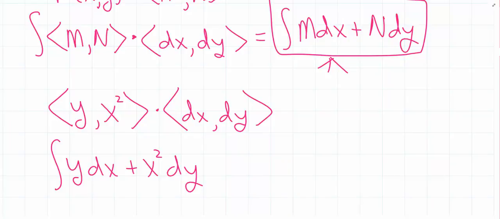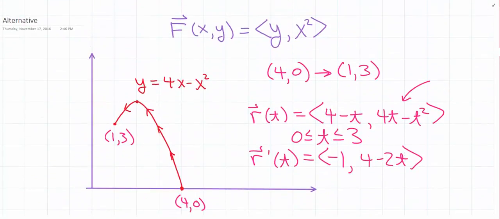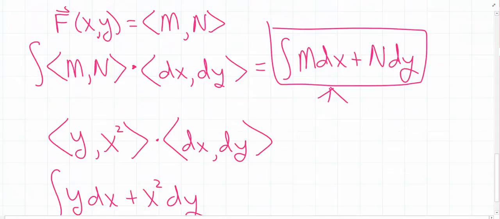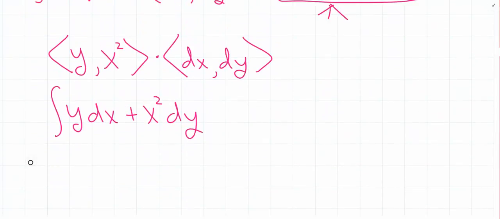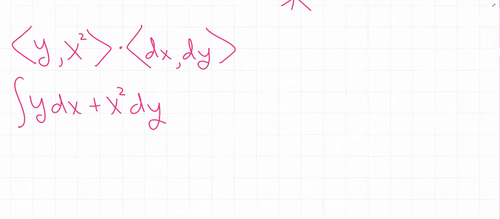Okay? Now, remember, this particular function was 4x minus x squared. Okay? 4x minus x squared. So we know what y is. Y is 4x minus x squared.